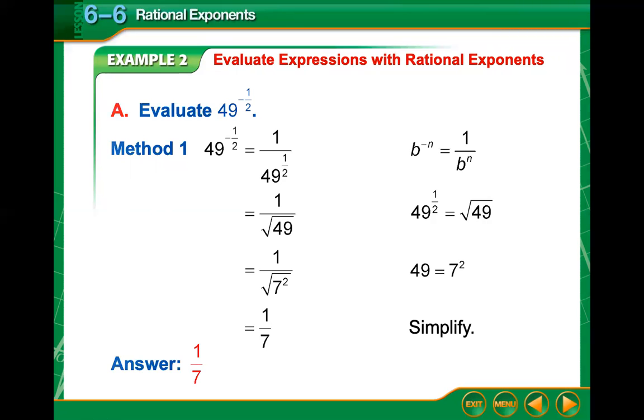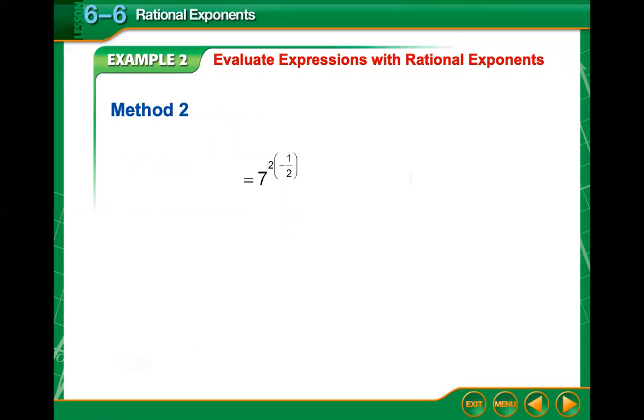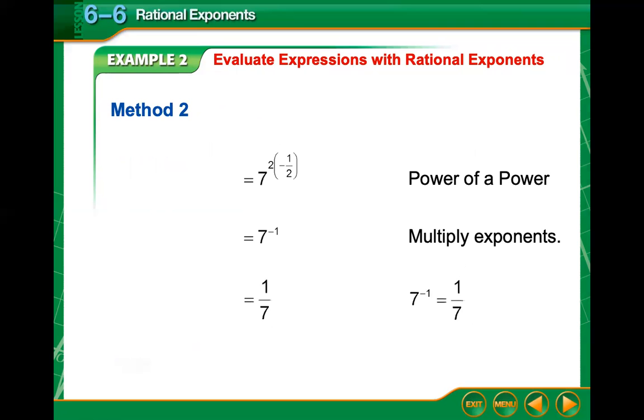For method 2, we take power of a power and do 7 squared times negative 1/2, which gets us 7 to the negative 1, which is just 1 over 7. I probably prefer method 1, but that's just a preference.